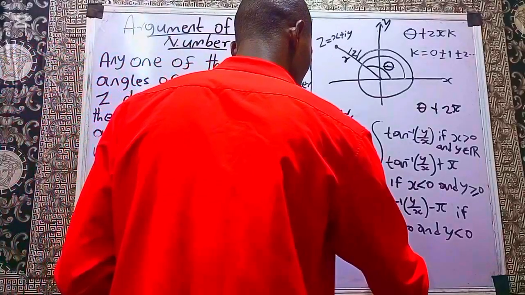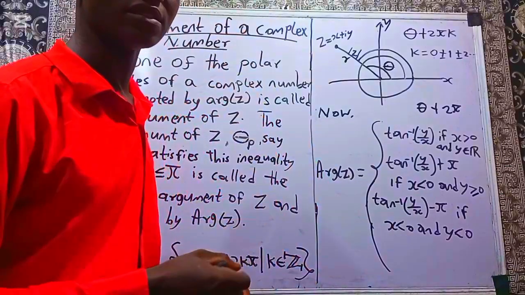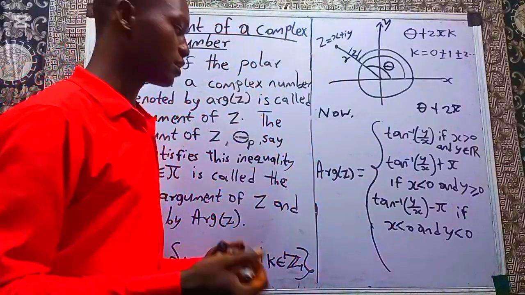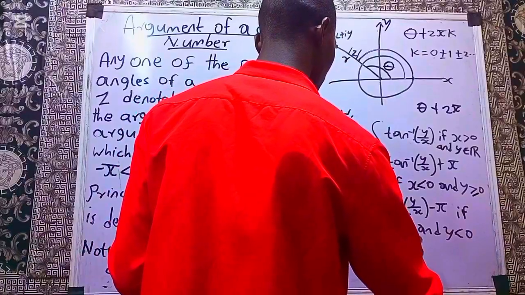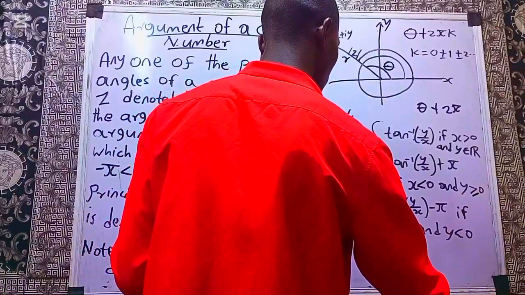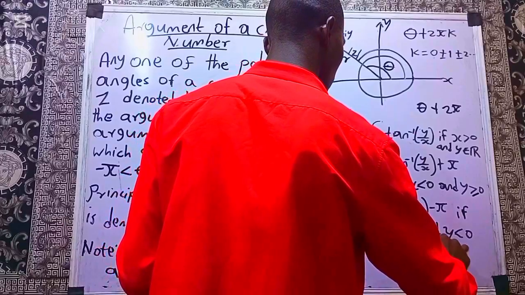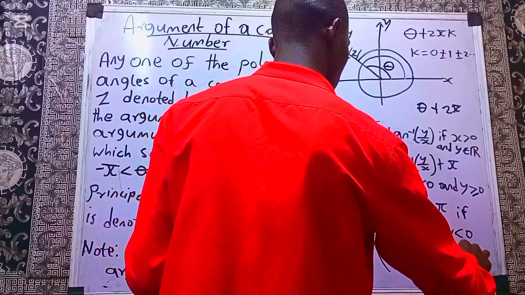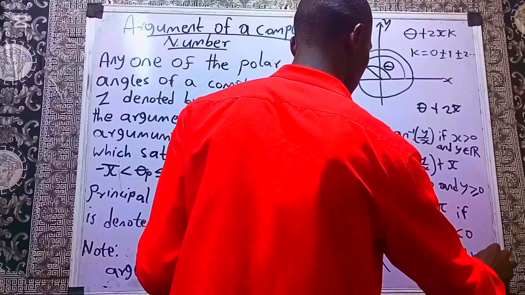Then what if x is 0? You have pi over 2 if x equals 0 and y is greater than 0.